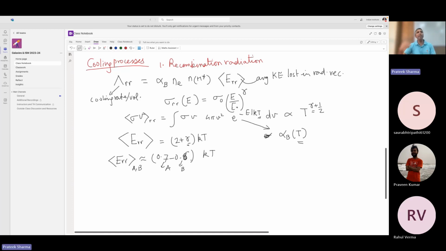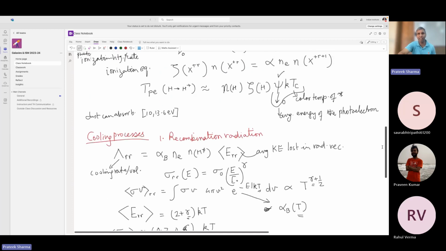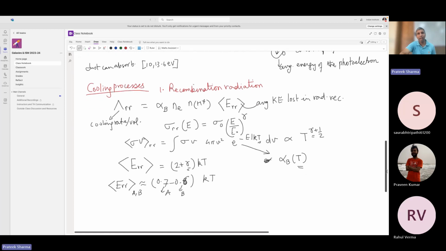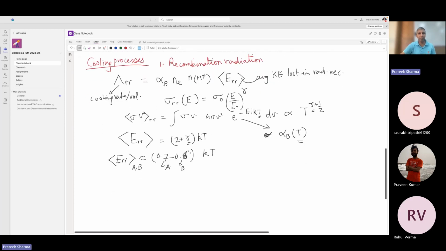In the same way as we quantified psi, the dimensionless average energy of a photoelectron relative to the color temperature of the star, this is the average energy that the plasma loses because of radiative recombination as a function of the plasma temperature.